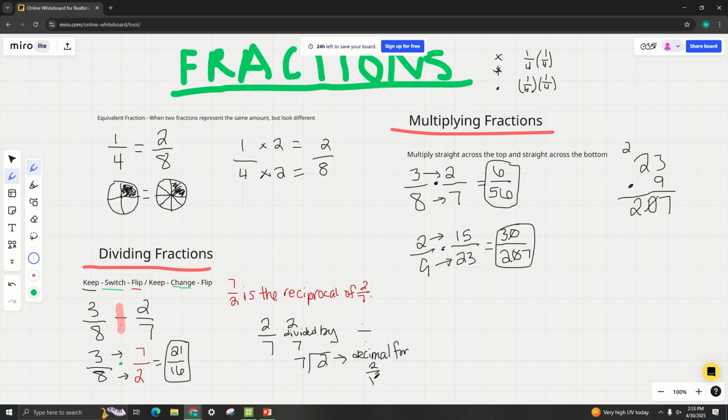So because there's division happening, I can actually flip my second fraction here and multiply it. I can do the opposite of what's happening here and get to the correct conclusion while making the math easier. So I hope that was easy to understand.